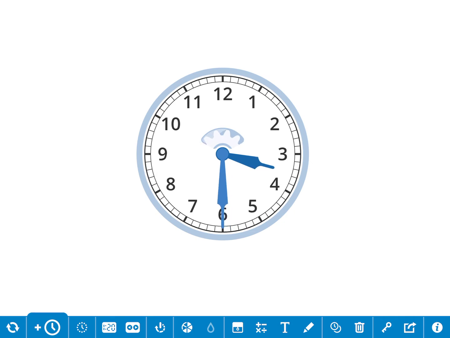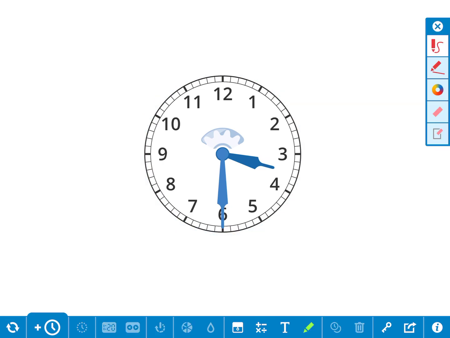Oh, what happened there? What time is it now? You might be saying that it's in between 3 and 4 o'clock. You are right. It is in between 3 and 4 o'clock. It is 3:30. It is halfway between 3 and 4 o'clock. We can count our minutes to see.